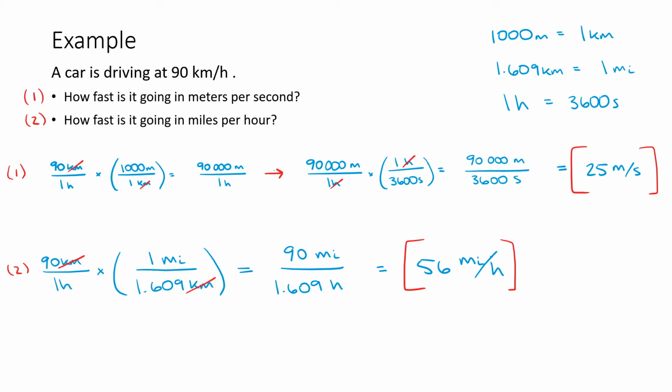Okay, going to miles. So we have 90 kilometers. Start with what we know already. And we're going to turn it into what we want, miles per hour.